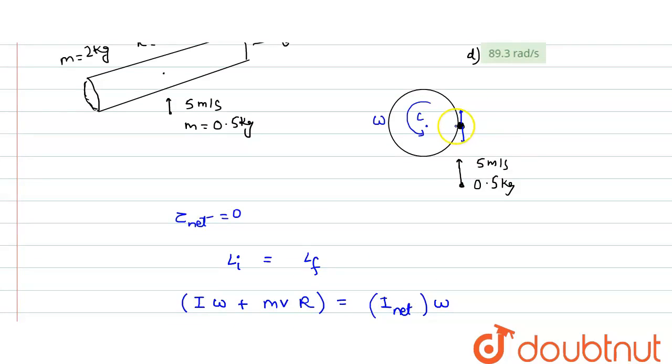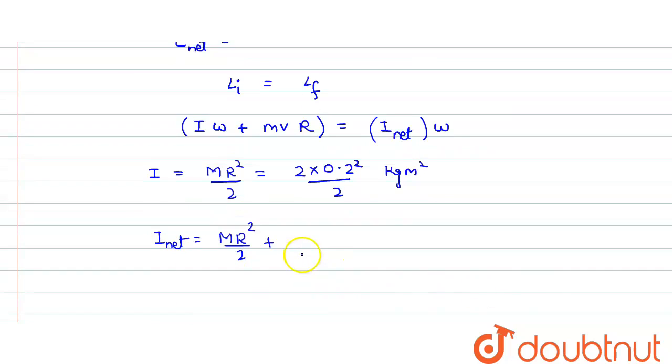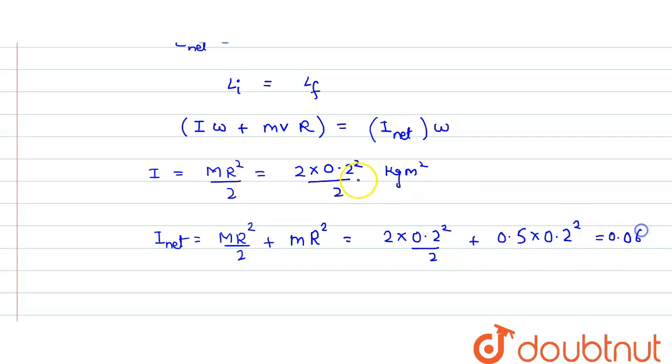For the particle, it is mass into the distance from the axis squared, so small m into R square. Putting the values: 2 into 0.2 square divided by 2 plus 0.5 into 0.2 square. This turns out to be 0.04 kg meter square for the cylinder, and 0.06 kg meter square in total.